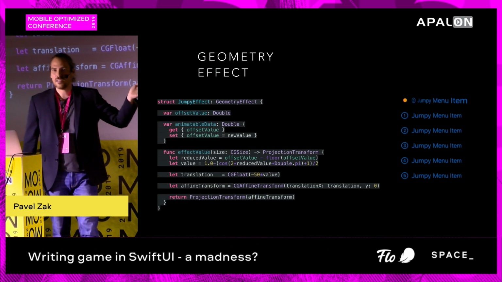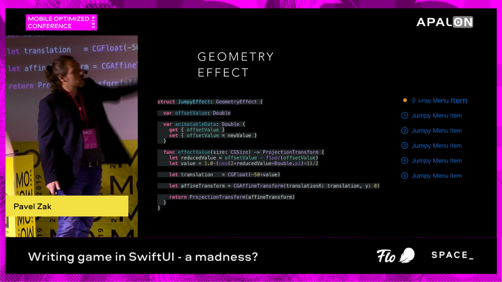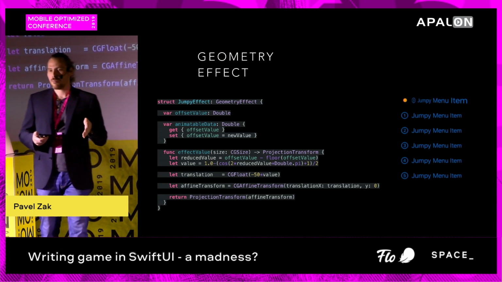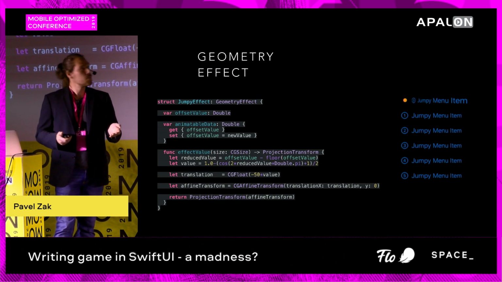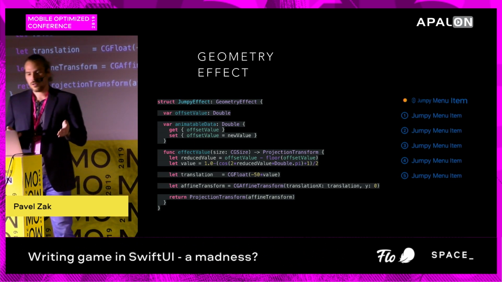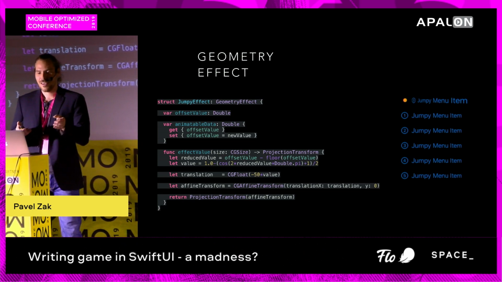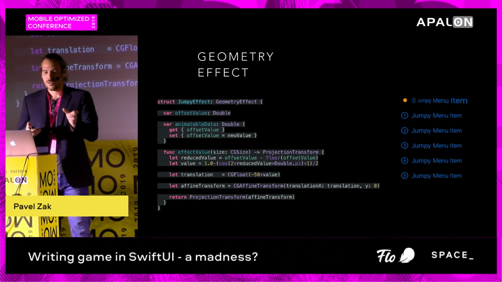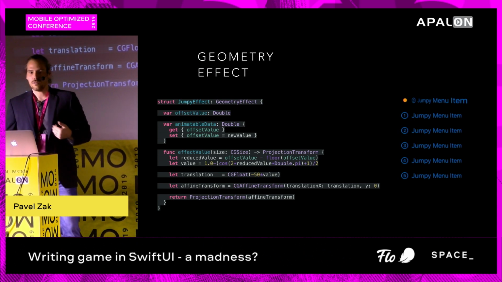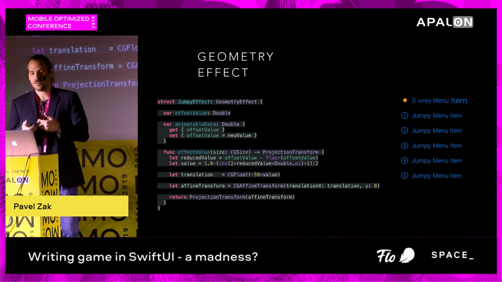If you were animating just between the states, the dot would be moving in a linear path, but we wanted to do this jumpy effect. So, using the geometry effect, we just inject this movement into our animation, and for each time frame of the animation, we alter the view space of the view.